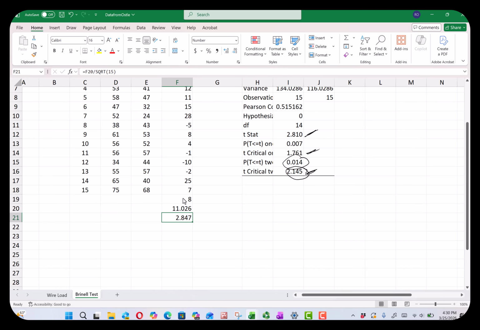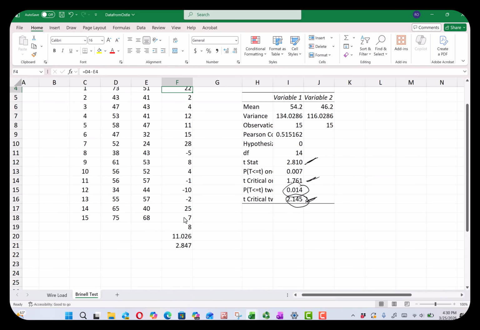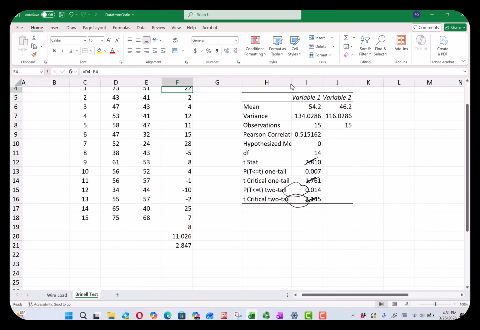This is a way to do the test. Get the difference and use the usual t-test with all of the calculations involved, or you can use the data analysis ToolPak and it does it all immediately. There's no waiting for an answer or no calculations required. So either one of those things will do.